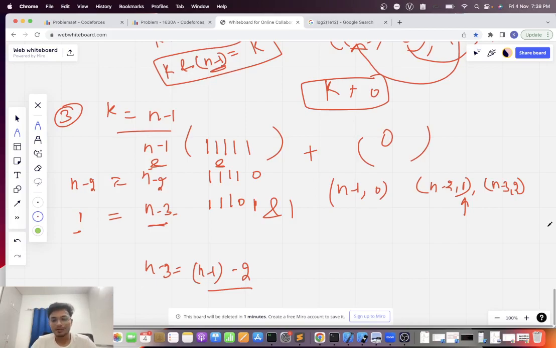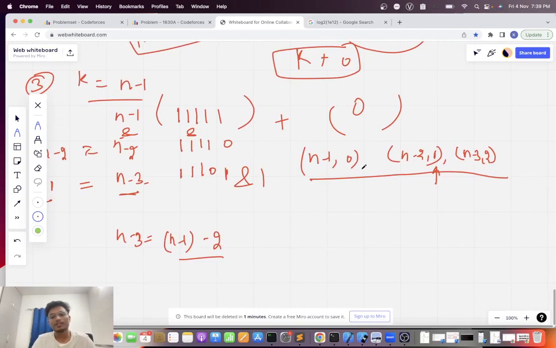Okay. So I'm taking the 3 pairs: n minus 1 with 0, n minus 2 with 1, n minus 3 with 1. And what I'm doing is n minus 1 AND n minus 2. This will give me n minus 2 value, and n minus 3 AND 1 gives me 1 value. Now for the remaining pairs, the remaining integers 1, 2, 0 and 2, the AND will be 0.